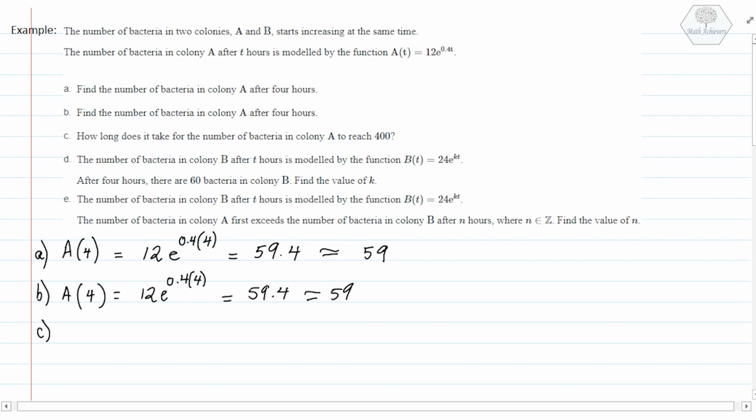How long does it take for the number of bacteria in colony A to reach 400? This is a very, very good question. To reach 400, it means I want the whole function to be equal to 400. So I want A as a function of t to be equal to 400.